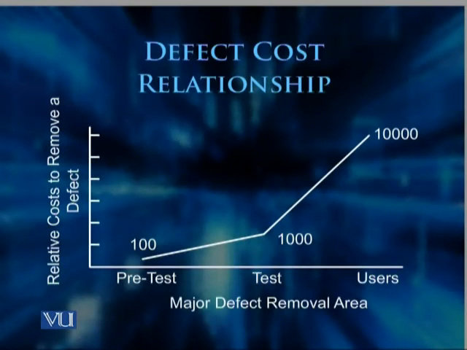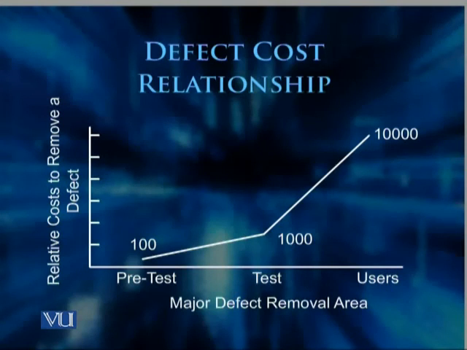And if we do the same thing with users, that is, in the maintenance phase, where users are using the software and they find defects, that is going to cost 10,000 units. That's a lot of difference between pre-test activity and maintenance.